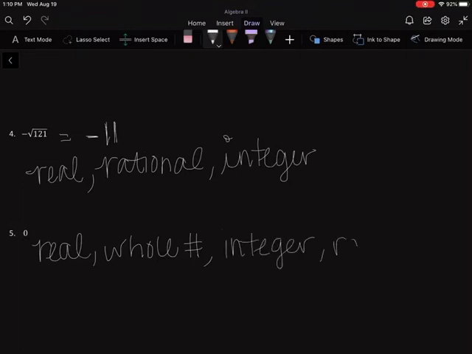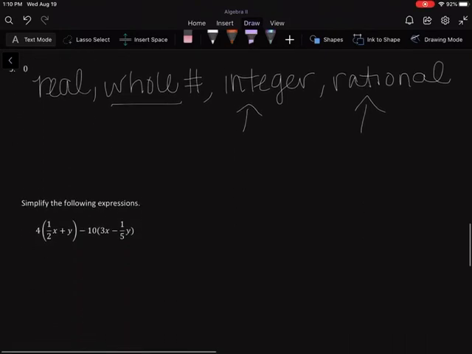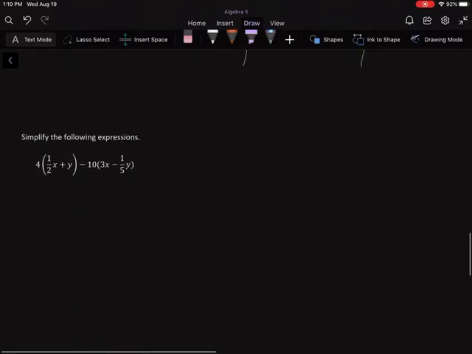And if it's an integer, it's rational. So I went both ways, like I started with rational, then went to integer. Or I can start with integer and then say that it's rational. Either one. So this one I started with whole and then went up, right? Then it has to be an integer and it has to be rational.